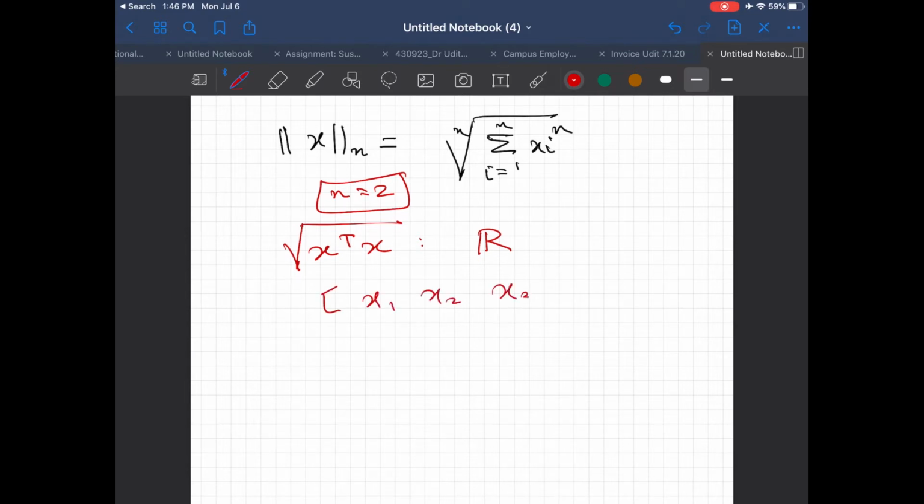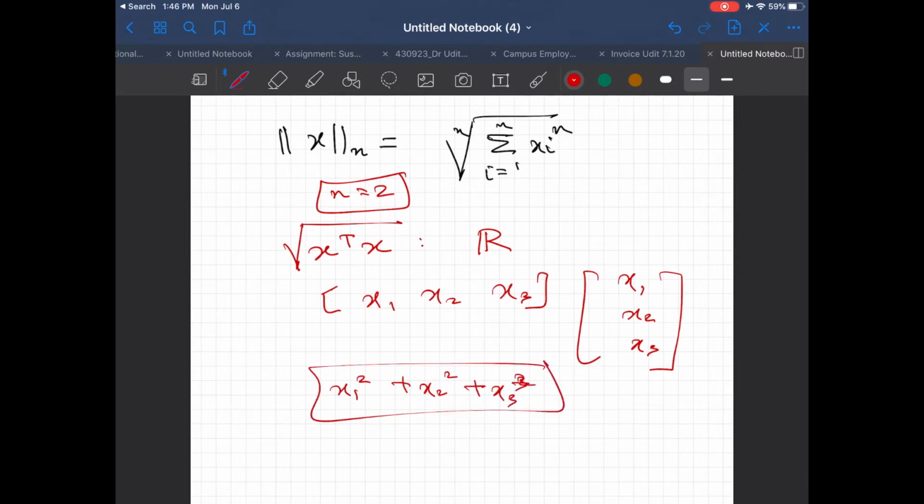So if we are given a vector transpose x1 x2 x3 and we multiply it with the original vector without transpose, we can simply write this as x1 square plus x2 square plus x3 square, and hence this becomes the dot product that multiplies the corresponding elements and adds them together.